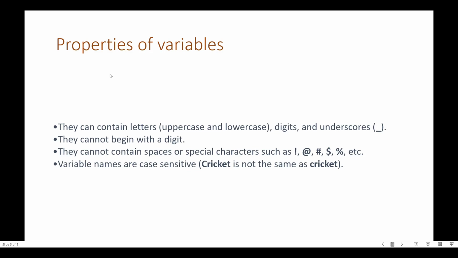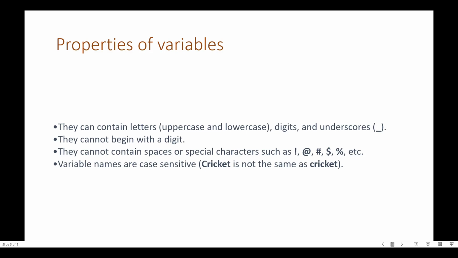There are certain properties of variables as well. They can contain letters, uppercase or lowercase, digits and underscores. They cannot begin with a digit, so we cannot write a digit before the name. For example, if I write 6bucket, then that is not a valid variable.